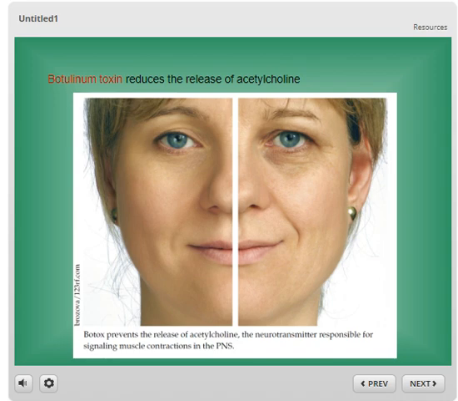Botulinum toxin enters the presynaptic neuron and cleaves proteins essential for the fusion of synaptic vesicles containing acetylcholine with the presynaptic membrane.